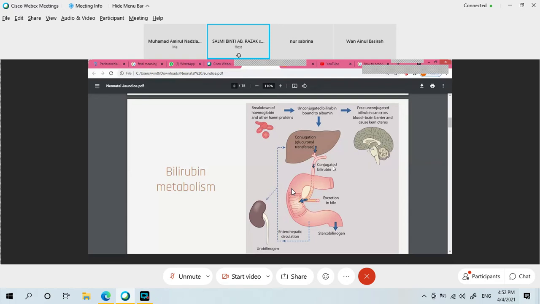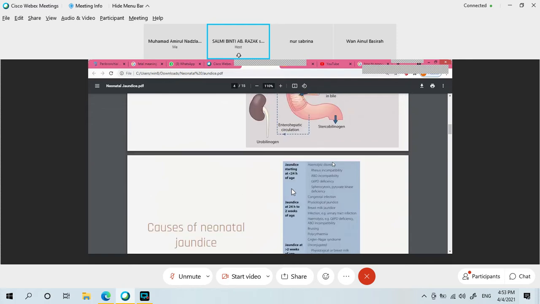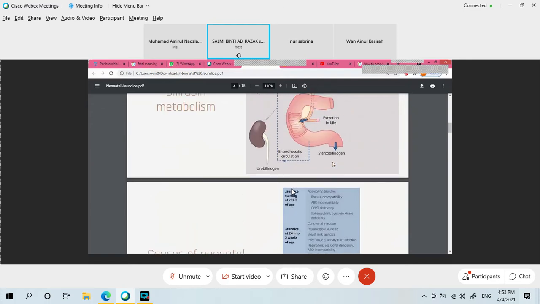Kita panggil biliary atresia, dan choledochal cyst. Those are very important for us. Lepas tu the color of our stool because of the stercobilinogen, and the color of our urine because of the urobilinogen, isn't it?